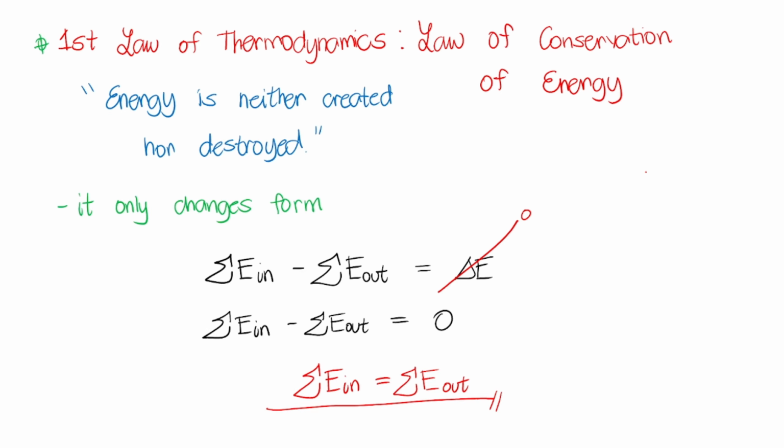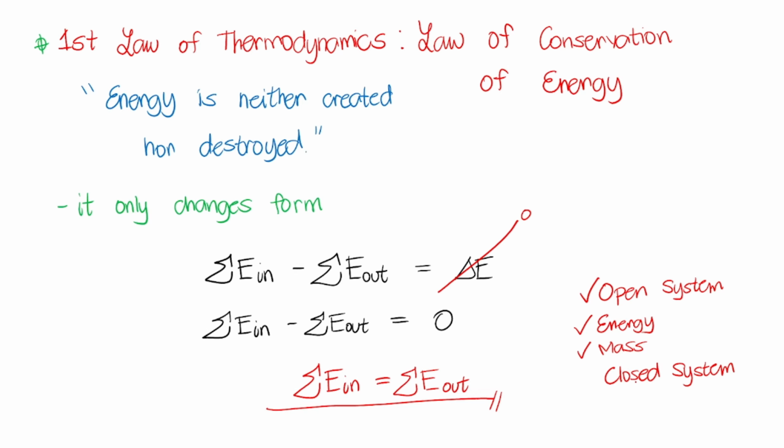And the first law of thermodynamics varies for an open system and a closed system. Because in an open system, as we've discussed in our introduction, energy and mass can enter, di ba?